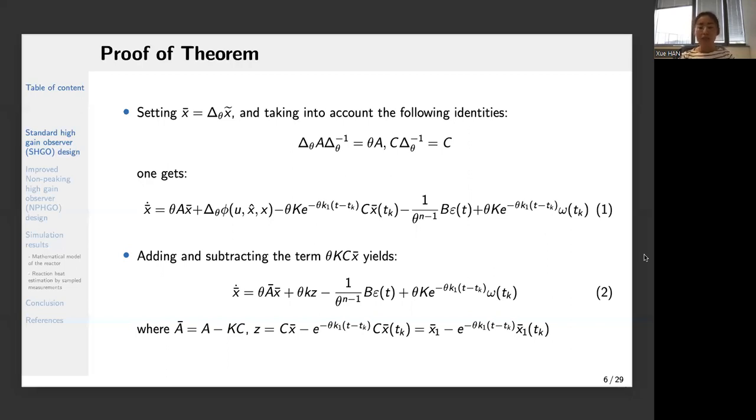And pay attention that in the following proof, I ignore the continuous time representation t, and I will keep t_k to represent the sample time, the sampled instant.